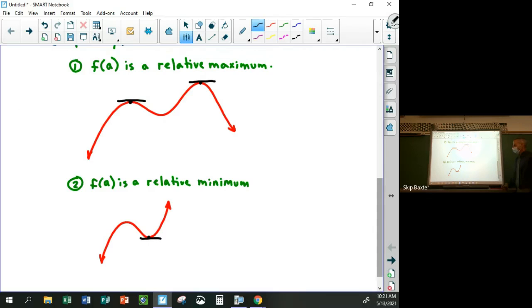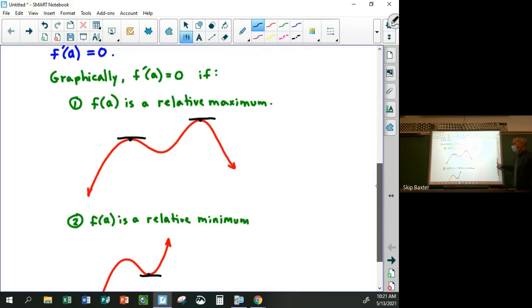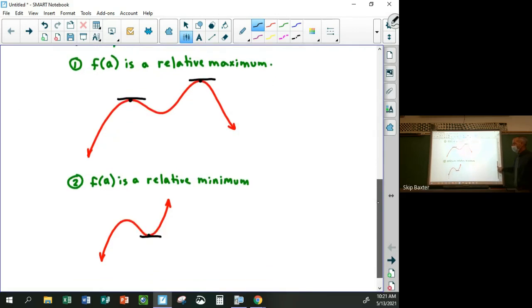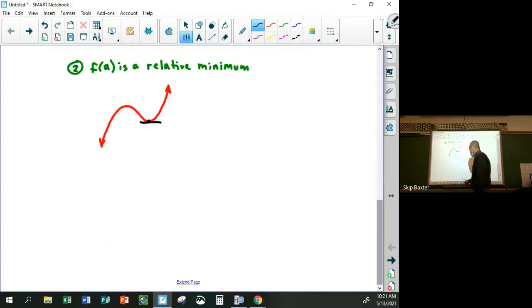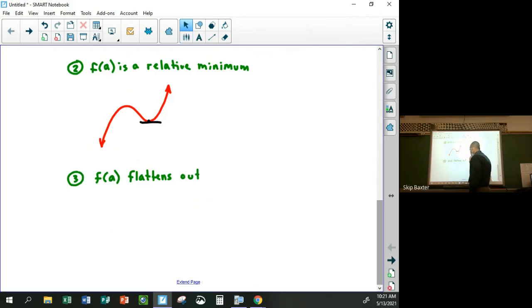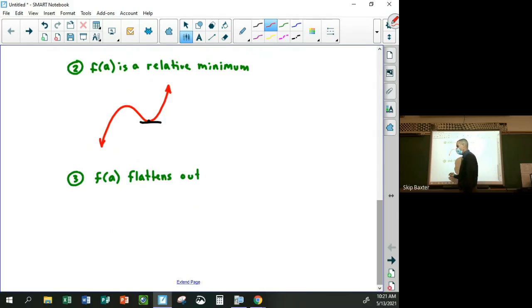So the third scenario at which f prime of a might be 0 would be a spot where f of a flattens out for a moment or longer. It might be just a brief flattening out, like for example, x cubed.